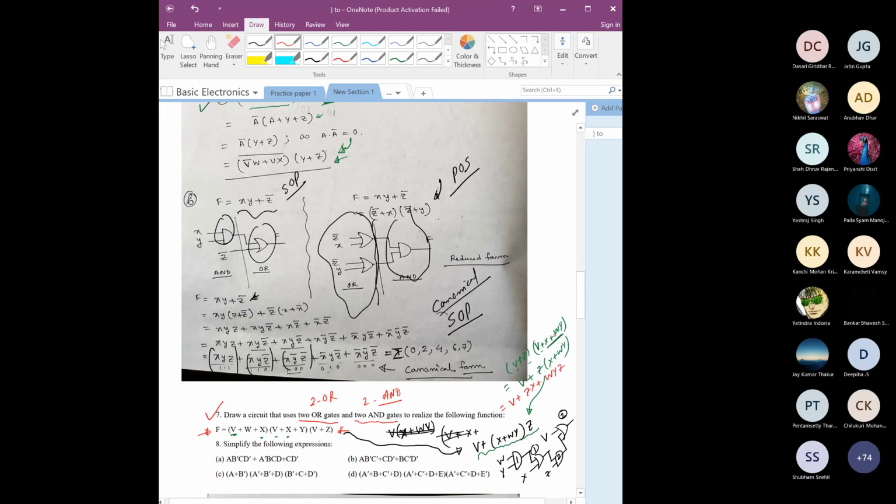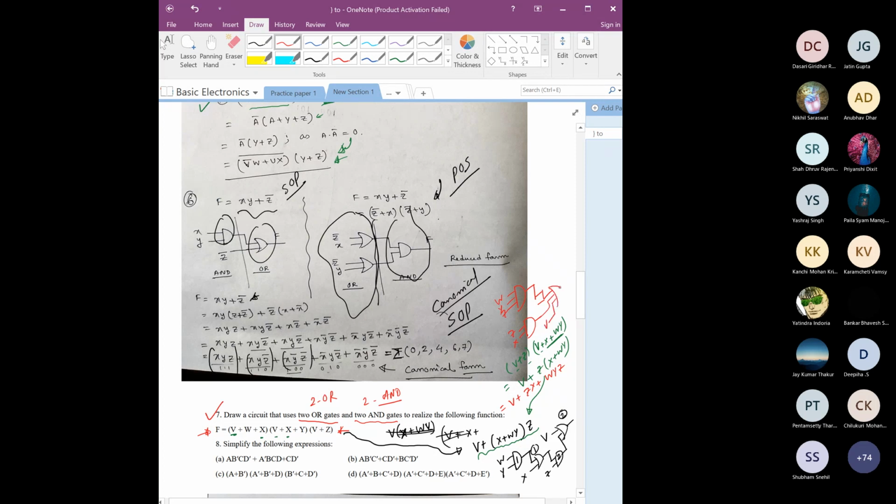If we can use a three input AND gate, then we can do it in another manner. You can use w, y, z here, and then you have zx, and that will give you this function, and then you basically need an OR gate.